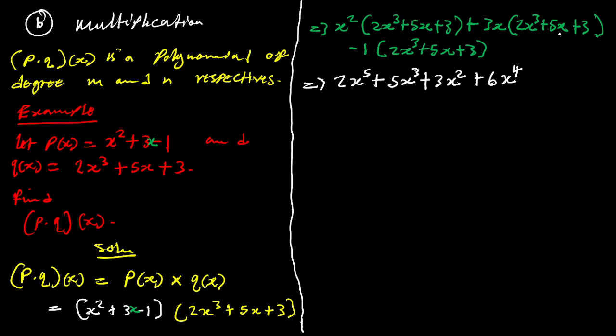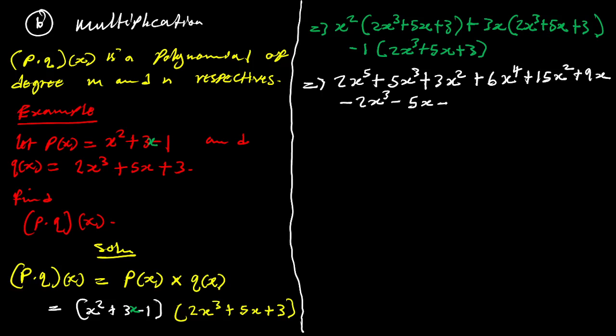You move on. Negative 1 times 2x cubed, it's going to give you negative 2x cubed. Negative 1 times 5x is going to give you negative 5x, and then negative 1 times 3 is going to give you negative 3.